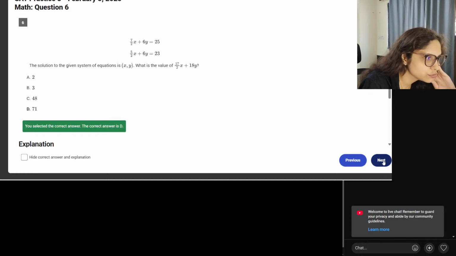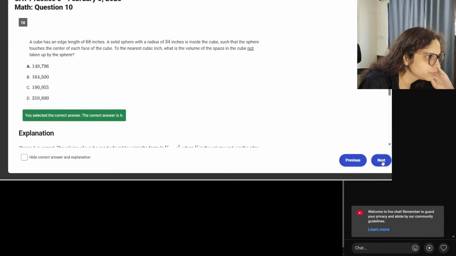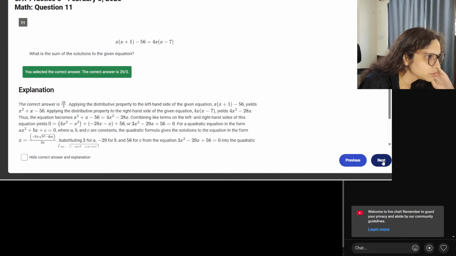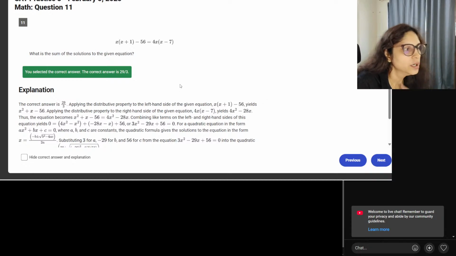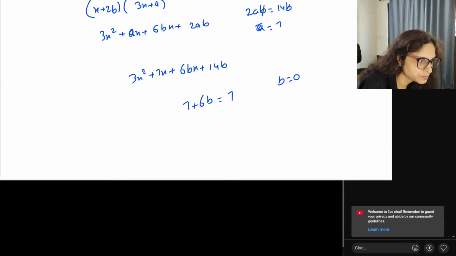This also, this also. This one as well. This one as well. This also. This also. Yeah, this one: x times x plus 1 minus 56 is equal to 4x times x minus 7. We used decimal, but I'll tell you there's one more way to do it.